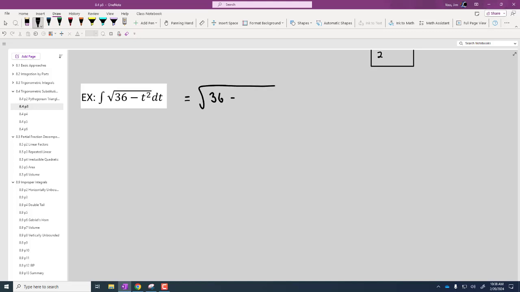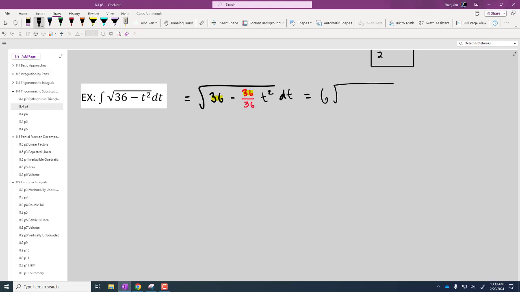As you do more and more of these, you will not need to write this step down anymore, but we'll do it the first few times just to make sure it's obvious. So multiply top and bottom by 36 for that second term. Now we have a common factor of 36 that can come to the front. That 36 can factor out to the front, and that comes through the root as a 6.